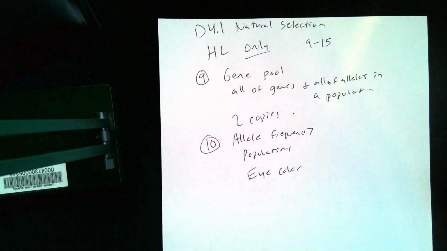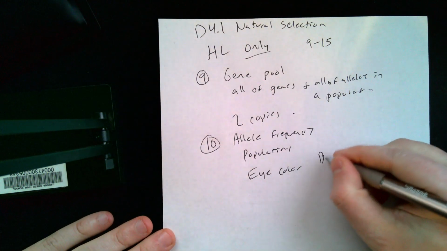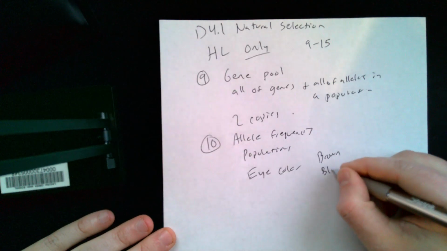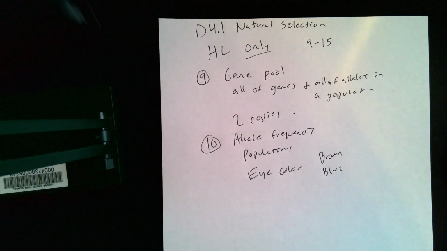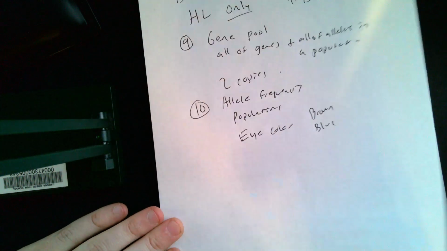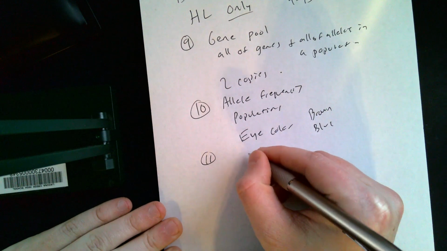Eye color is one of the classic human examples where certain gene pools have higher ratios of brown versus blue eyes, therefore changing the likelihood of you getting that eye color. Okay. And so these can be found in databases.